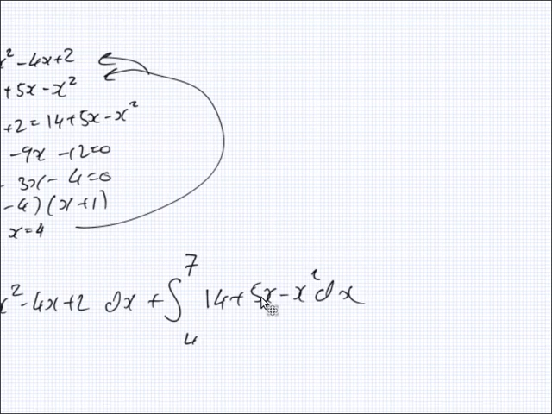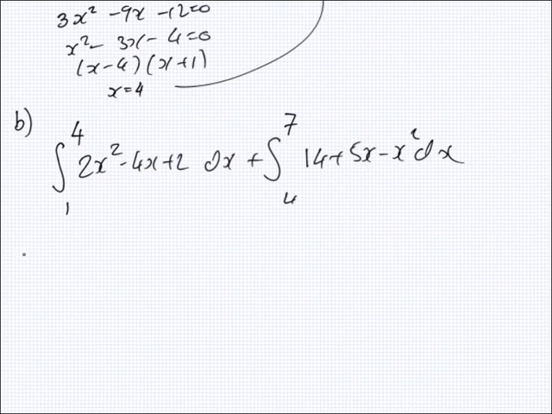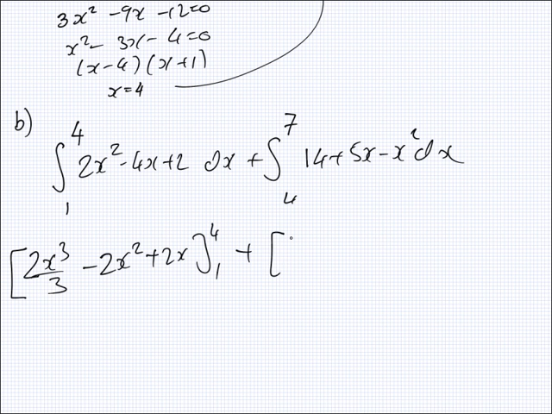Yeah? So that would be, increase the power by 1, divide by the new power, 2x cubed over 3, 2x squared, 14x, 5x squared.